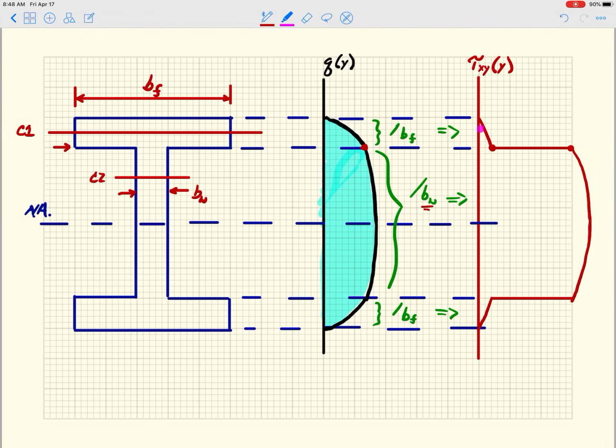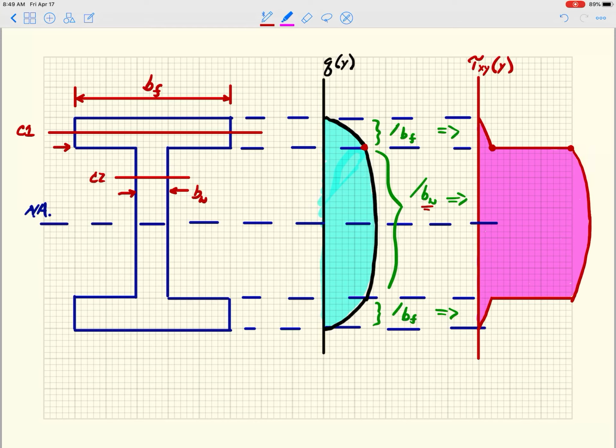I guess I'll do it in pink. Probably should have increased the size of the marker. Okay, so it looks like that.